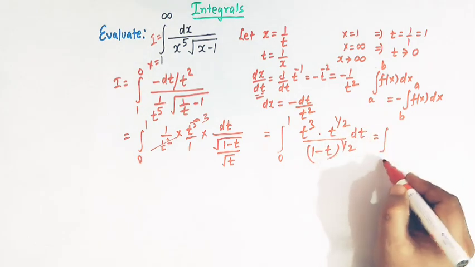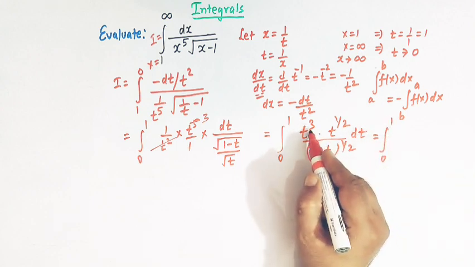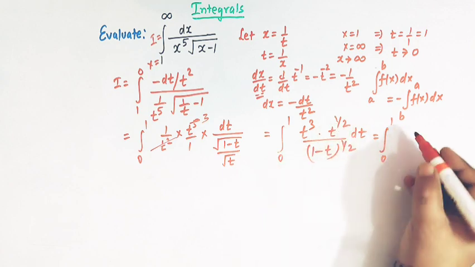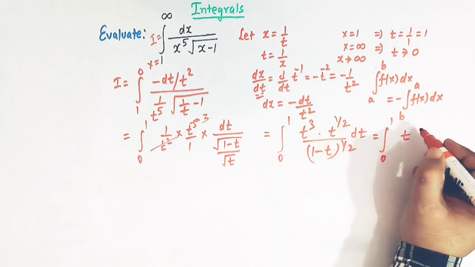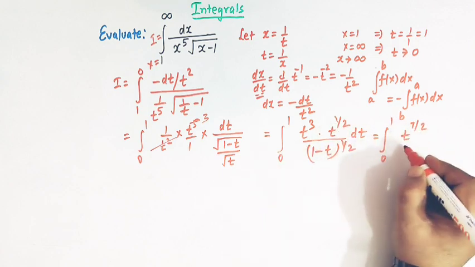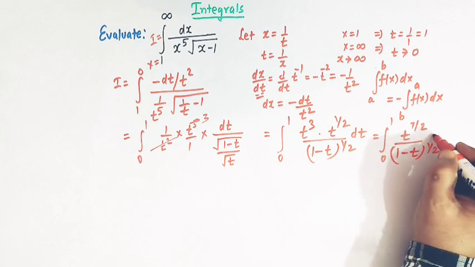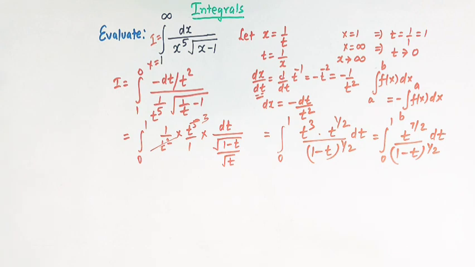Now the bases are the same, so 3 and half get added. So we have the integral from 0 to 1 of t raised to 7 over 2, times 1 minus t raised to half, dt.